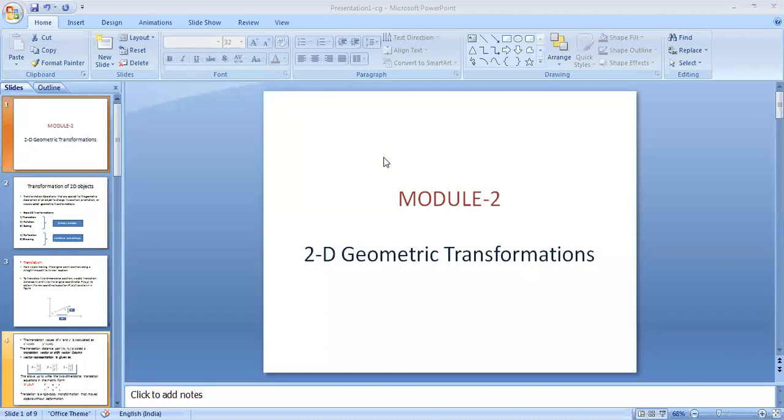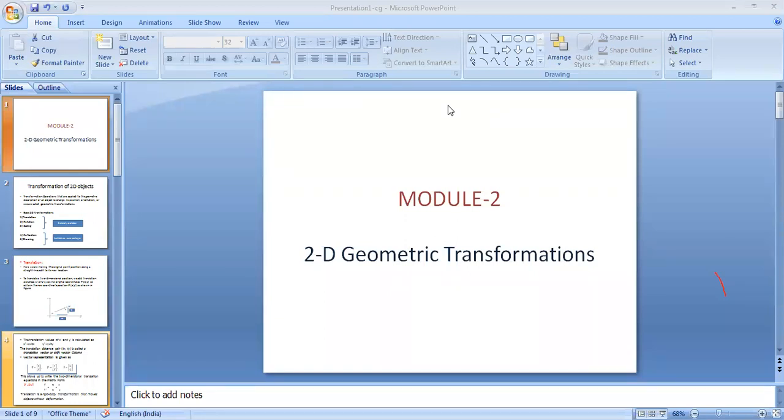We learned how to write a point, then a line, then different types of polygons. Finally, we ended our first module with a line drawing algorithm and a circle drawing algorithm.